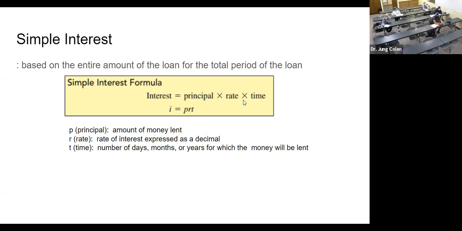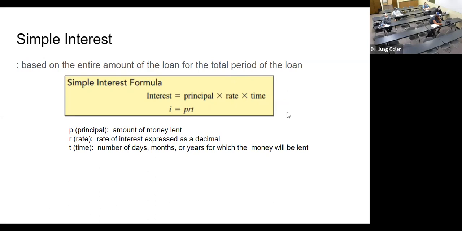If x, your independent variable, goes down, your dependent variable goes down too, right? So this is kind of direct variation. So rate is usually fixed, but we can change the rate too, okay? If principal goes up, interest goes up. If rate goes up, interest goes up. If the duration of your borrowing money goes longer, of course your interest goes up too. You can kind of see the relationship there.